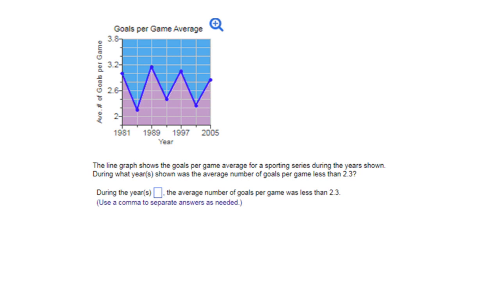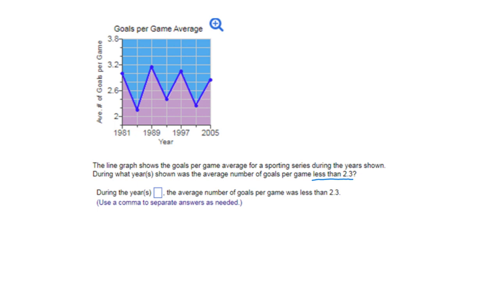So we're looking at another line graph that shows goals per game average for a sporting series during the years shown. During what year or years shown was the average number of goals per game less than 2.3? So we need to find where it's less than 2.3. So let's look and see if we can find about the vertical axis where this 2.3 is.